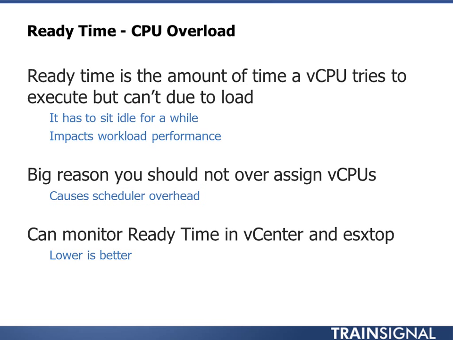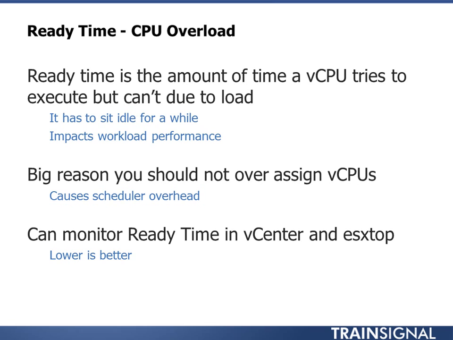But if I've got 4 vCPUs, and 10 more quad vCPU VMs on the host, it's having to manage all this, and sometimes it gets to a point where it can't. So it says, okay, Mr. Windows guest, I'm going to hold you for a second while I execute this guy, and then I'm going to hold this guy while I execute that guy. And while you're standing there, held, with work that needs to be done but the scheduler can't schedule all the threads, that is called ready time. The VM is ready, but it can't be scheduled.